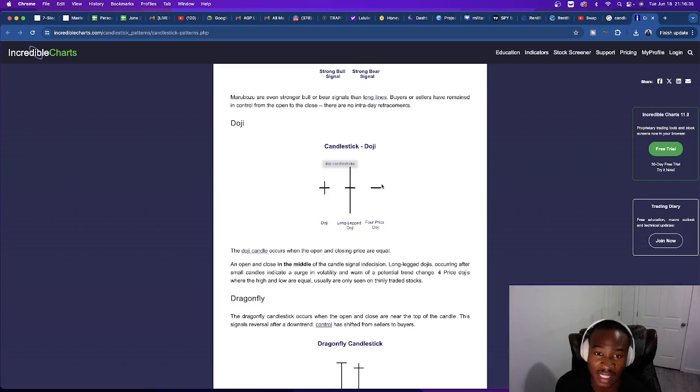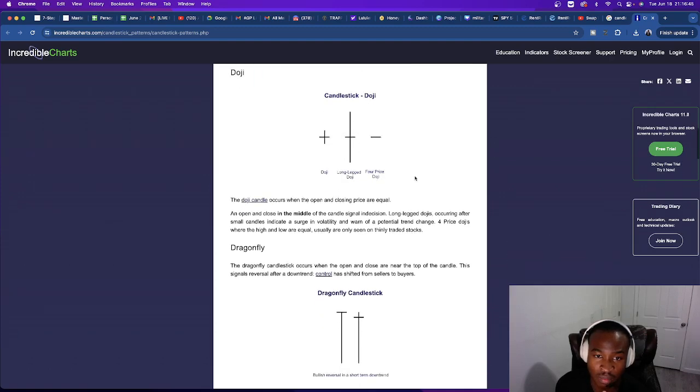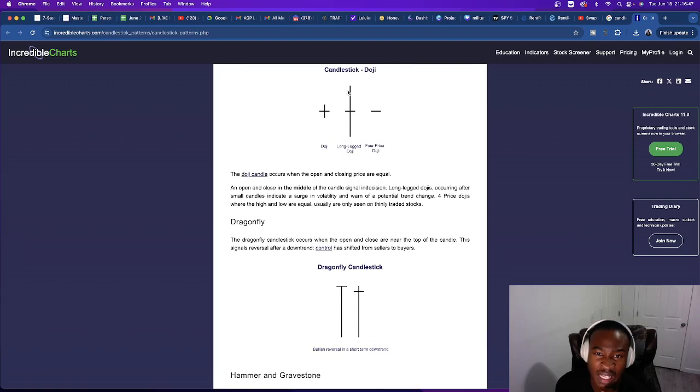It has no body. No body is a doji. It has no candlestick body. So it's a candlestick doji. And this shows indecision because price moved up here, it came back down, and then it came back to close right exactly where it opened.